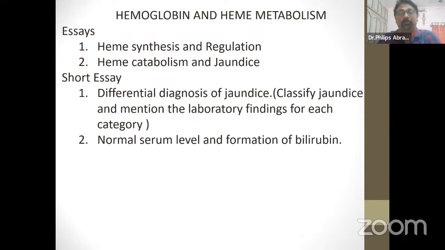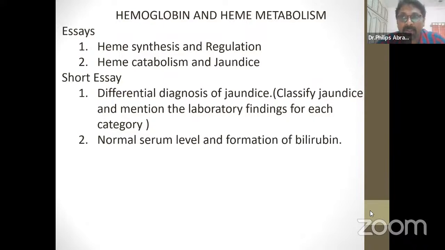These are all the same. For the differential diagnosis of jaundice, you are supposed to mention the biochemical parameters in the blood, mainly bilirubin, total, direct and indirect, then AST, ALT, ALP, three enzymes. These are the six biochemical parameters in the blood that get altered during jaundice.